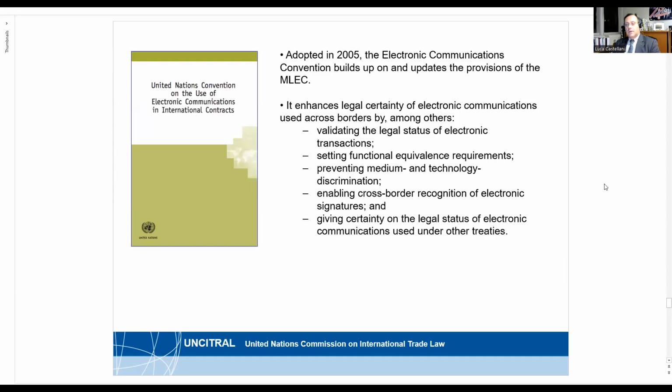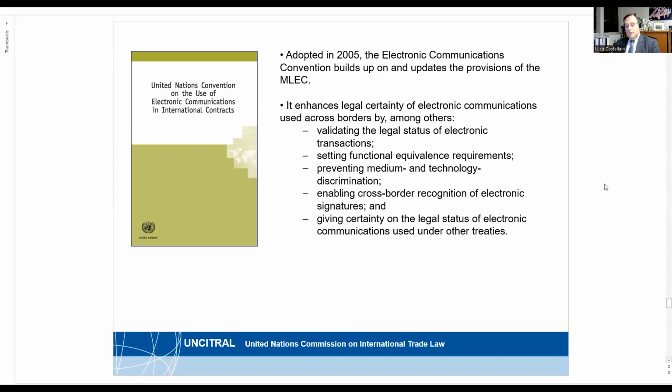Immediately after that, UNCITRAL felt that it was necessary to complete that suite at the international level. So it adopted the United Nations Convention on the Use of Electronic Communications in International Contracts, which to this day is the only treaty specifically on electronic communications.